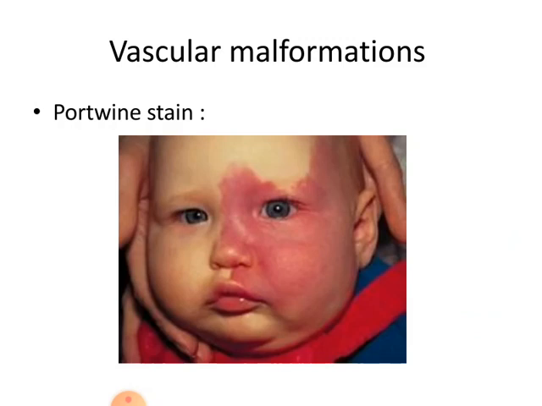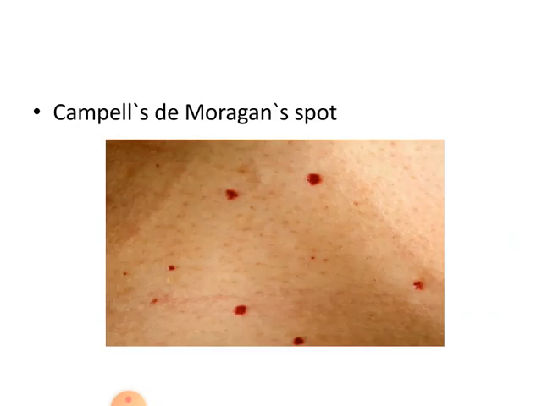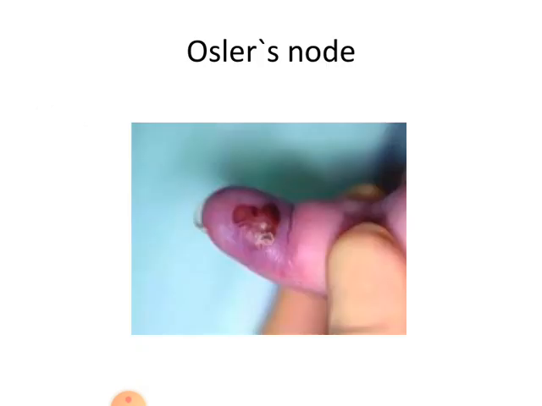Vascular malformations, capillary vascular malformations. The first is the port wine stain. Port wine stain is a patch which occurs in the trigeminal nerve distribution; we must know this. Campbell de Morgan spots are supposed to be related to internal malignancy, but this is not proved.